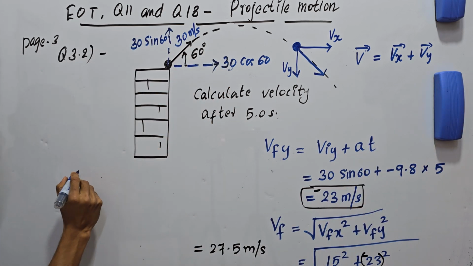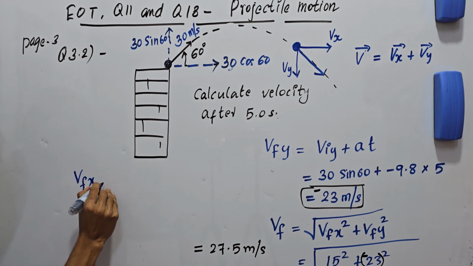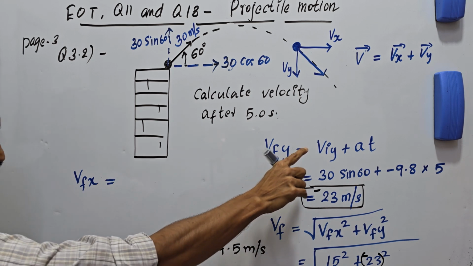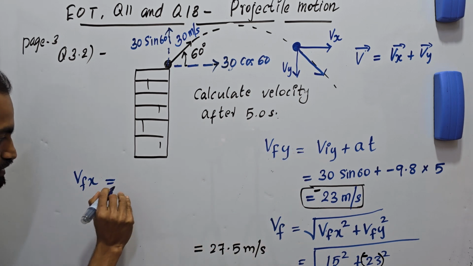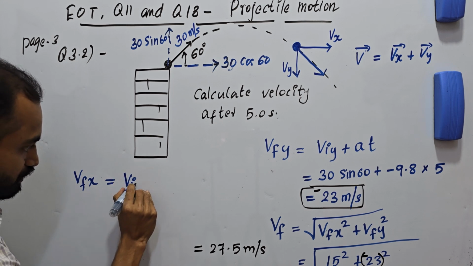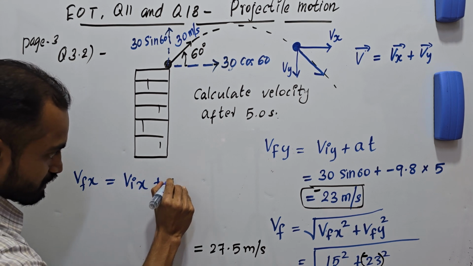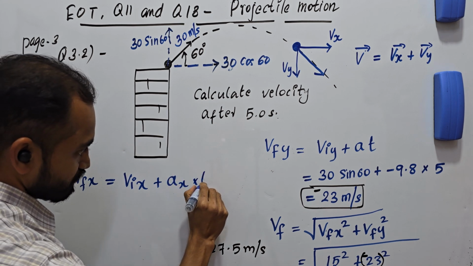See, V final along the x direction, right? Equal to, I am using the same equation. V final along the x direction is equal to V initial along the x direction plus acceleration along the x direction into t.